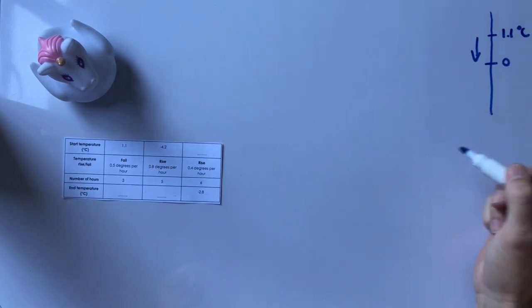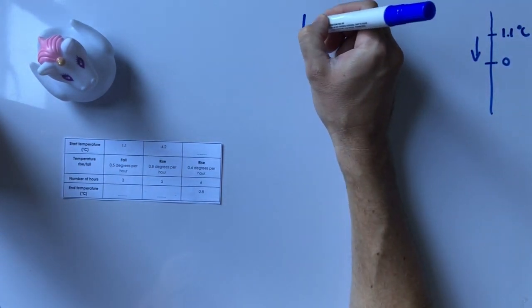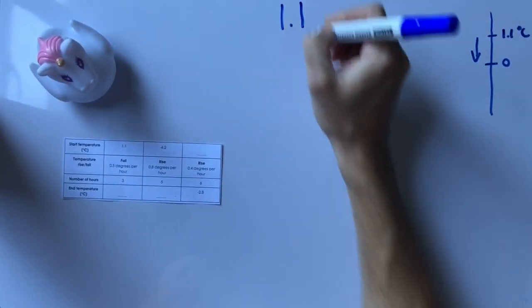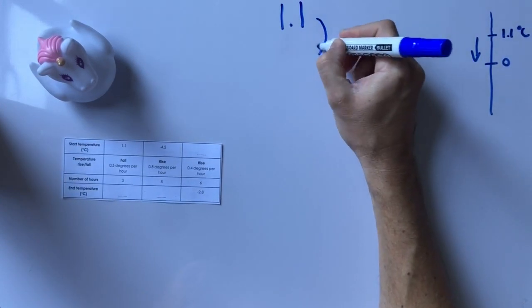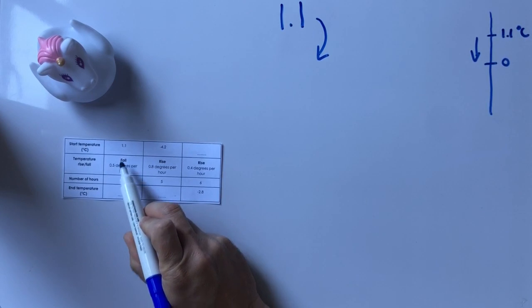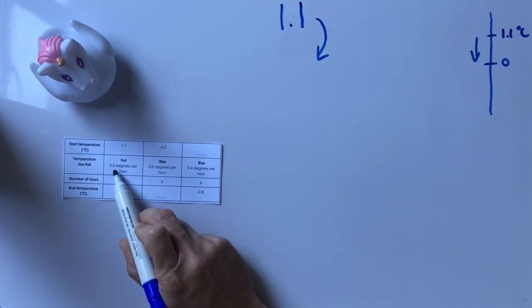So let's quickly look at what we do. We can start with 1.1, and I know I'm going to fall or drop for 3 hours. So 3 times 0.5 degrees.